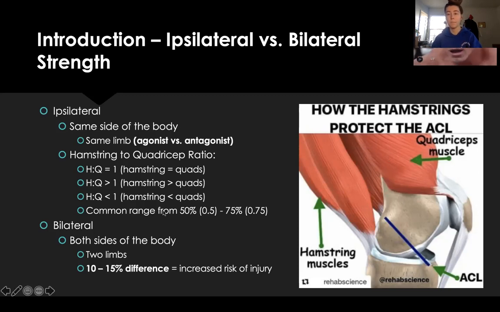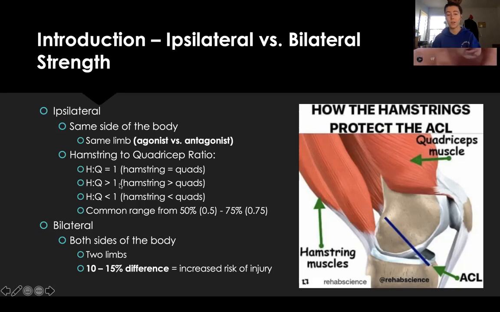You're just measuring the strength between the two muscles. If your hamstrings and quads are equally strong, they're going to have a ratio of 1. If your hamstrings are stronger than your quads, they're going to have a number higher than 1.